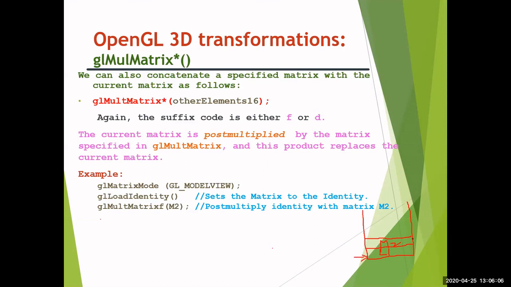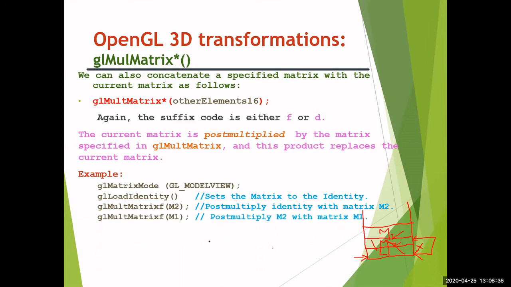So now load identity and M2 get multiplied, and the result is stored in the current matrix. Let me cancel this. Now my current matrix is M2.